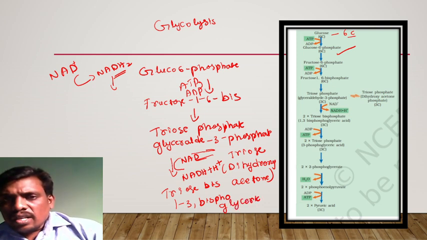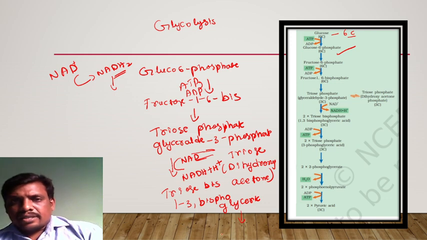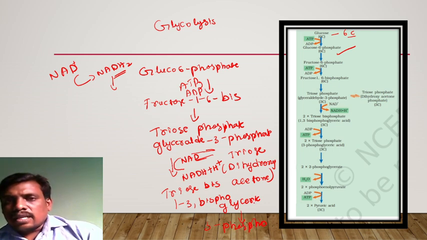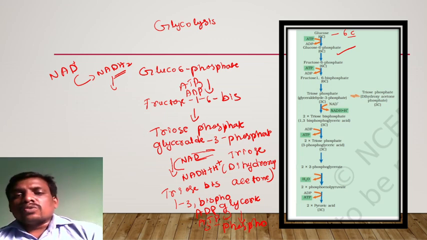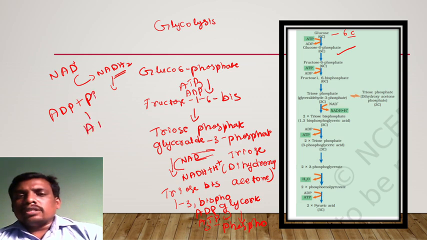This 1,3-bisphosphoglyceric acid will be converted into 3-phosphoglyceric acid. What is that? 3-phosphoglyceric acid. Here, the wonderful thing is ADP will be converted into ATP, which means a synthesis of ATP occurs here. ADP binds with one additional phosphate molecule and produces an ATP molecule in this reaction.